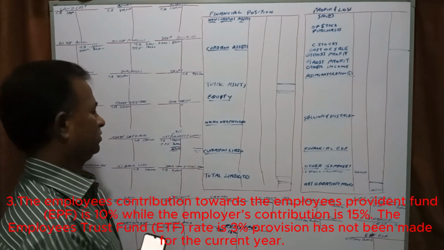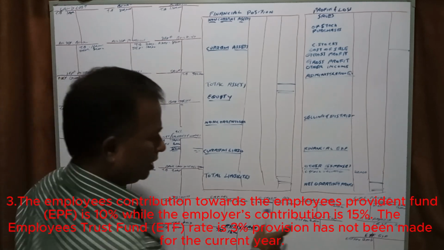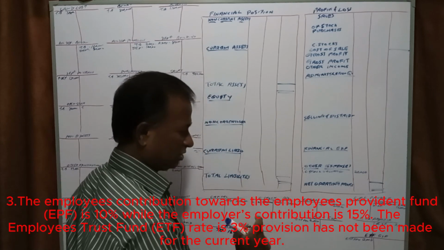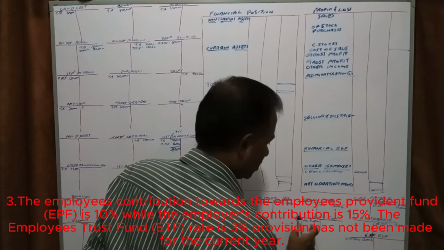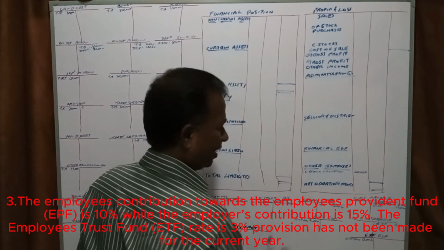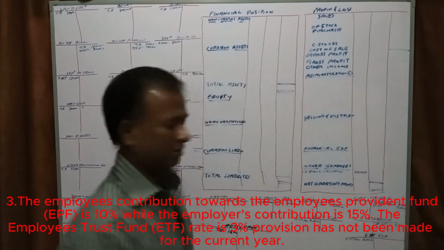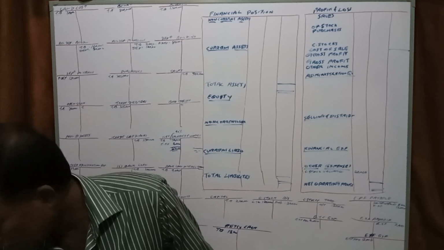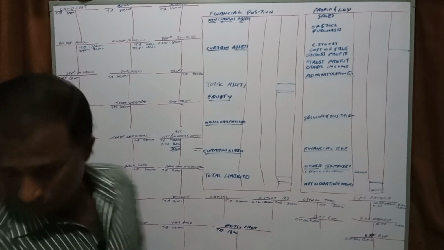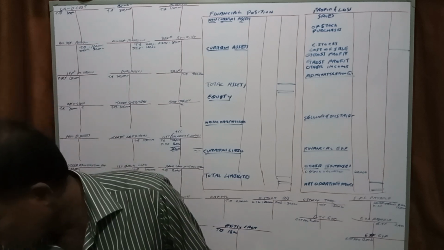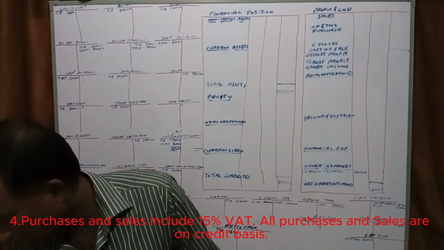Gross salary is 80,000, and 3% of it is 2,400. Since it is an expense for the business entity, we make the debit entry to the ETF expense account and credit the ETF payable account, right? So we have made the entry for depreciation as well as the employees' contribution towards the Employees' Provident Fund and ETF fund.